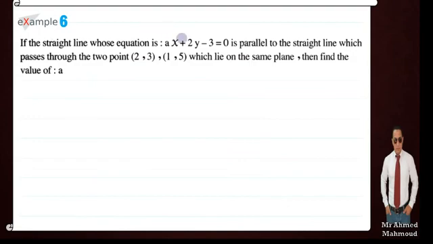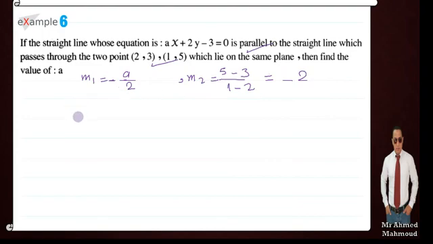Okay, since the lines are parallel, I will find m1. m1 is negative a over b, which is negative a over 2, and m2 is 5 minus 3 over 1 minus 2, which is negative 2.